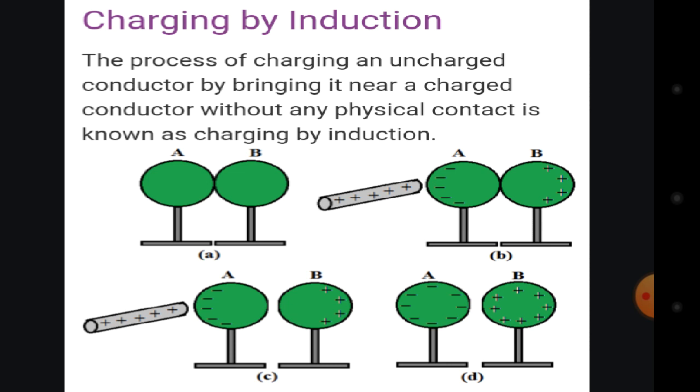Also, if you look at diagram C, you will see that the positive charge sphere separates itself. So you see, it cannot do the transferring. Why? Because we are doing the charging by a positive charge.